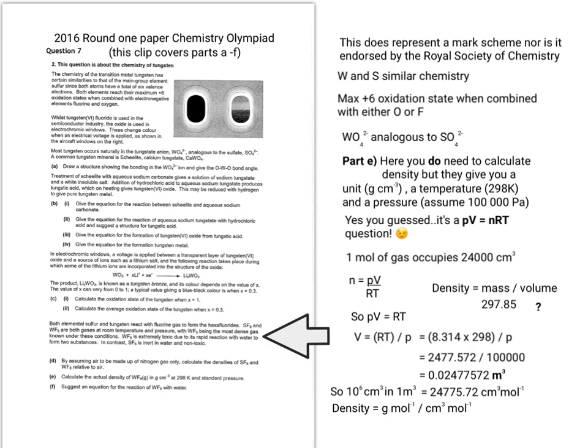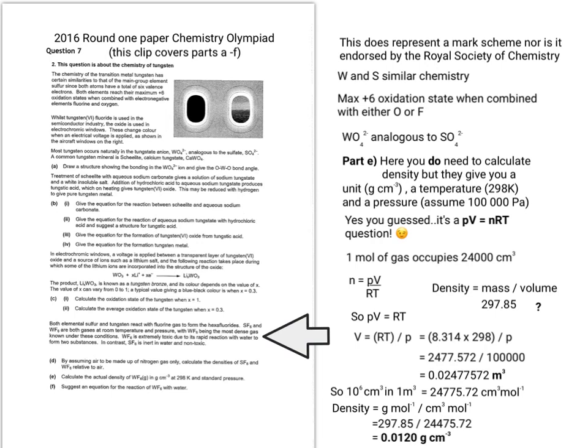So taking the density to be grams per mole to the minus 1 over centimetres cubed per mole to the minus 1, we can put the numbers in quite easily. So that gives us 297.85 over 24475.72, which leads to 0.0120 grams per centimetre to the minus 3.